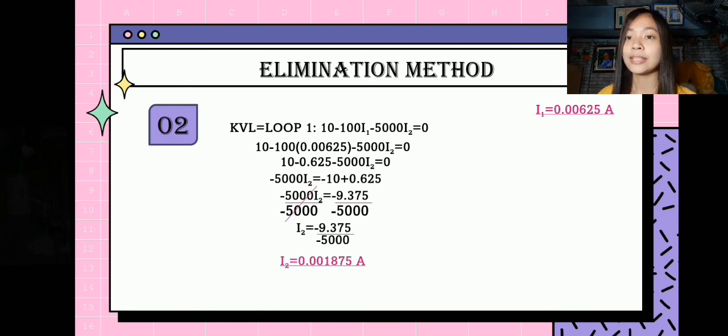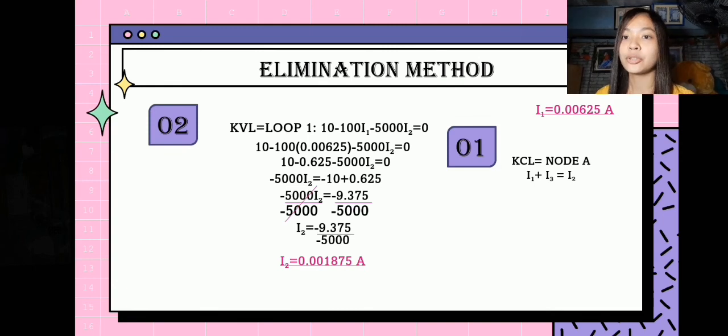So, the last thing we will look for is I3, using KCL at node A. We will take what we got for I1 and I2, and put them into I1 plus I3 is equal to I2. So, it will be 0.00625 plus I3 is equal to 0.001875.